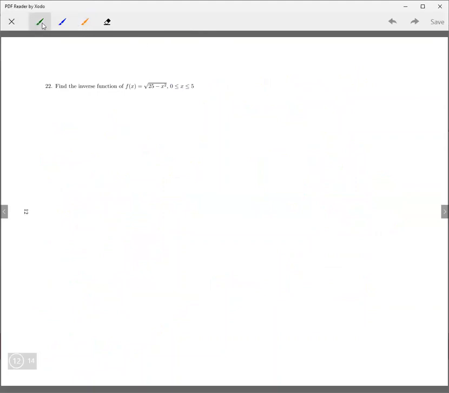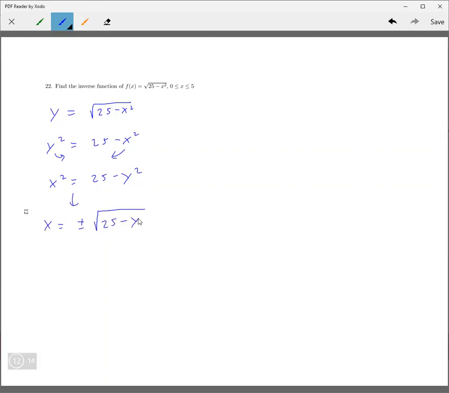Okay, number 22. Find the inverse function of this. Again, replace the f of x with a y. Now we're going to square both sides and solve for x. This goes to the other side, that goes over there. Extract square roots, and you have plus or minus the square root of 25 minus y squared.